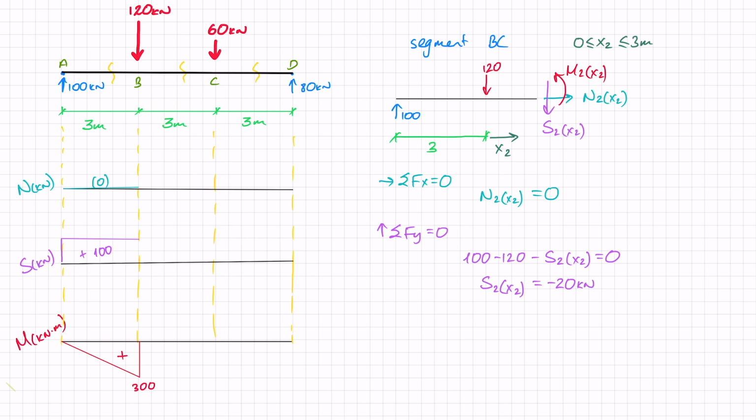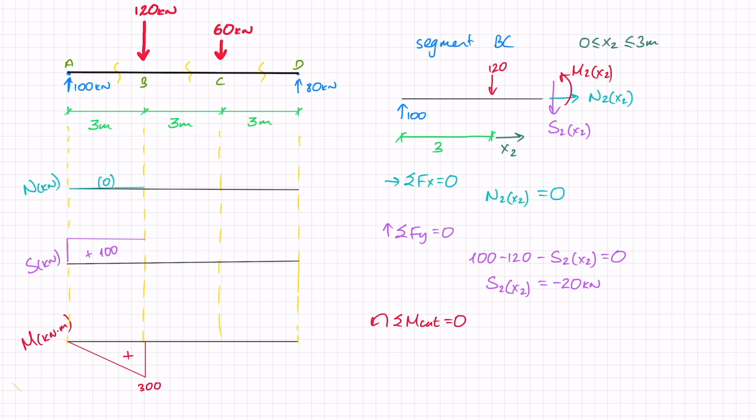And my very last thing is my bending moment. Once again, I'm doing it around this new cut. Starting from A, I have a minus from the 100, creating a negative moment, times 3 plus x2, so that is the total distance until the cut.